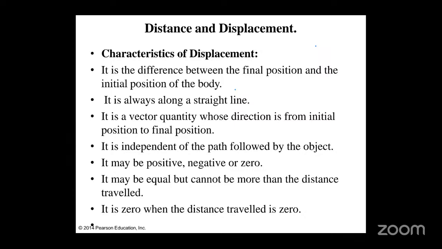Distance depends on the path. Displacement does not depend on the path. Displacement may be positive, negative, or zero, but distance can only be positive or zero. It can never be negative because it's a scalar quantity.